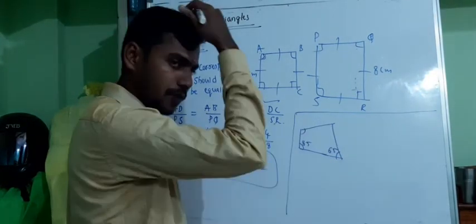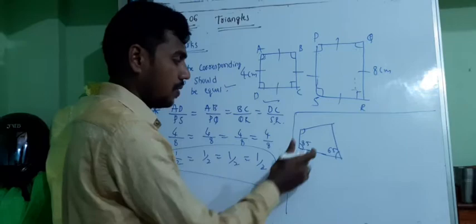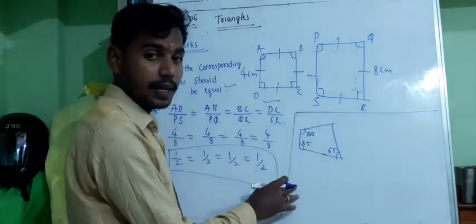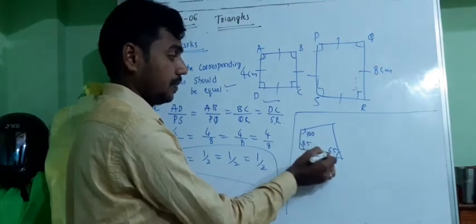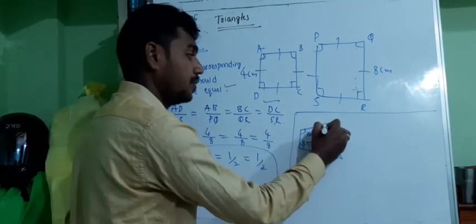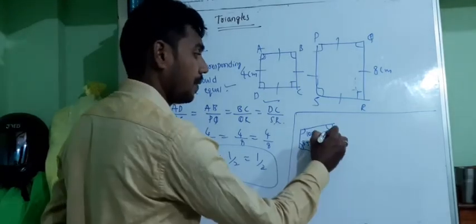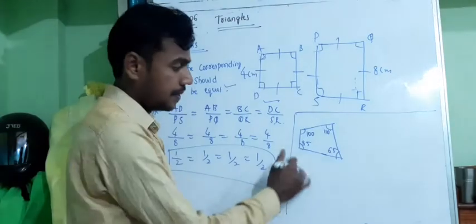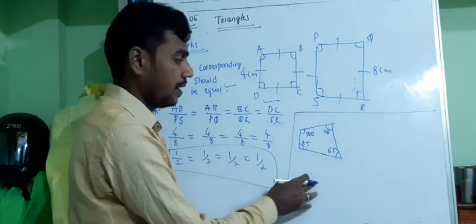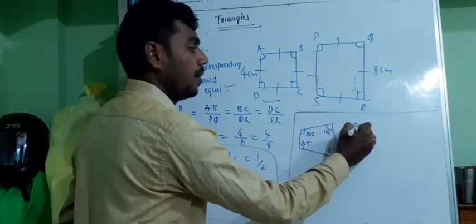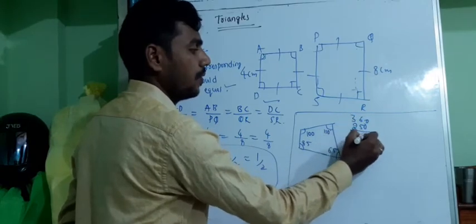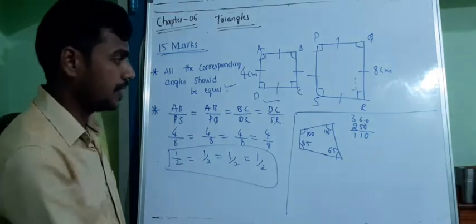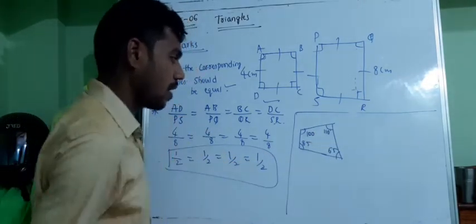And 150 plus 100 is 250, and this should be equal to 110. Then only, 85 plus 65 is nothing but 150, 250, and 360 minus 250 is 110. The sum of all the angles in a quadrilateral should be equal to 360, that is satisfied. This is one quadrilateral.